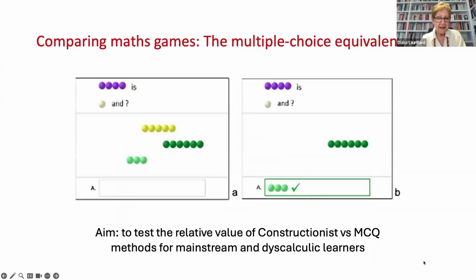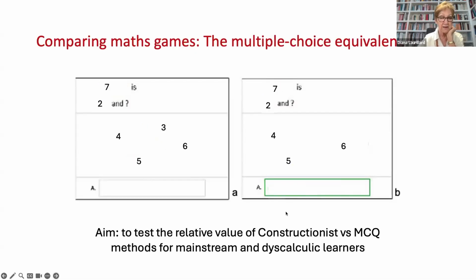So we set out to test whether we could change this. And as well as the number beads game, we made an equivalent multiple choice game, where they were given this question: this group is the same as this group, plus which others of these. So that's a multiple choice version. If you choose the 3, then yes, that's correct.